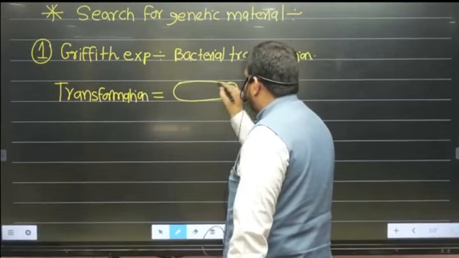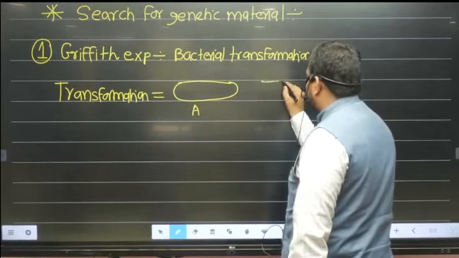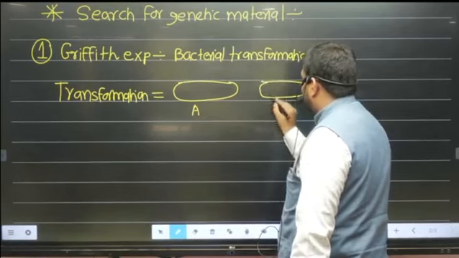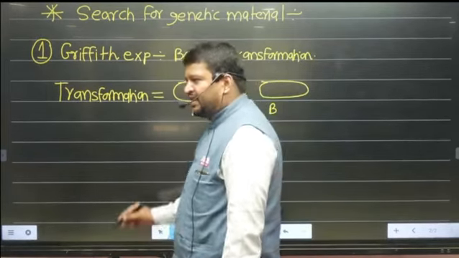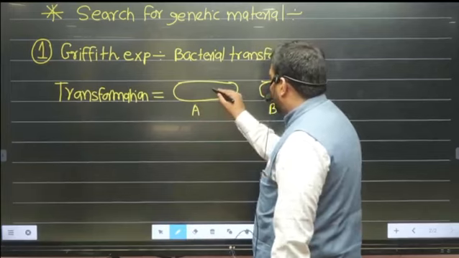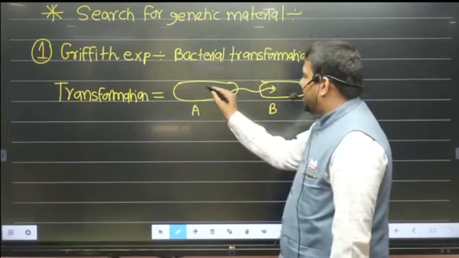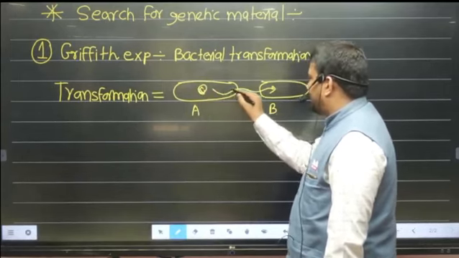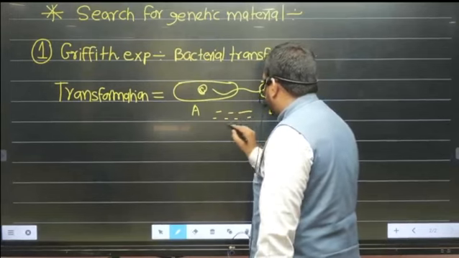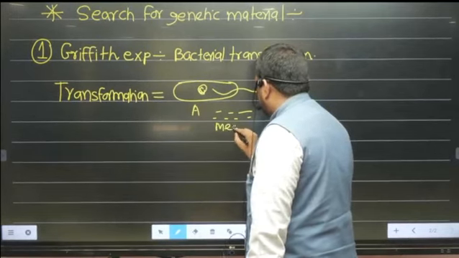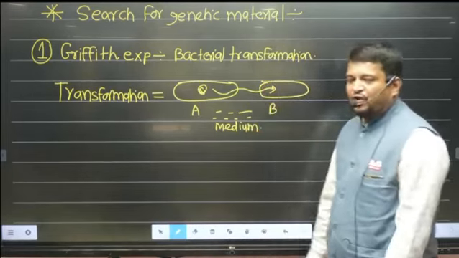Here is one bacterium called A, and here is another bacterium called B. If the genetic material is transferred from one bacterium to another bacterium with the help of a liquid medium, it is called transformation.